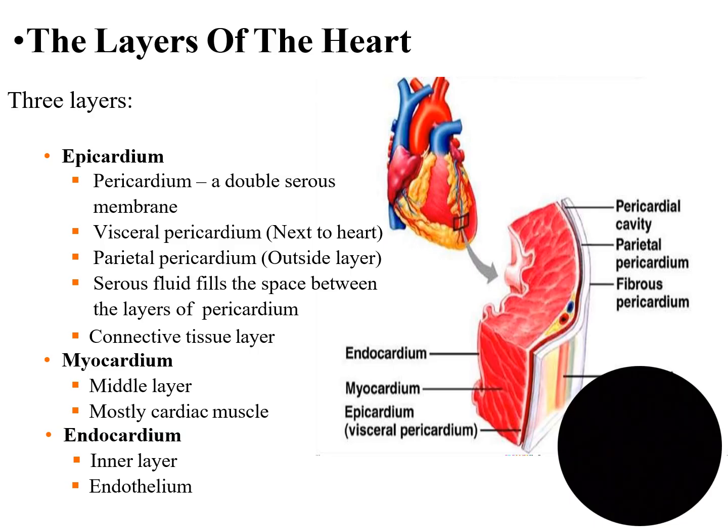So next we are going to see about the layers of the heart. There are three different layers: epicardium, myocardium and endocardium. The epicardium is differentiated as pericardium, which is a double serous membrane, with the visceral pericardium, which is next to your heart, and the parietal pericardium, which is our outer layer, and serous fluid is filled in the space between the layers of the pericardium.